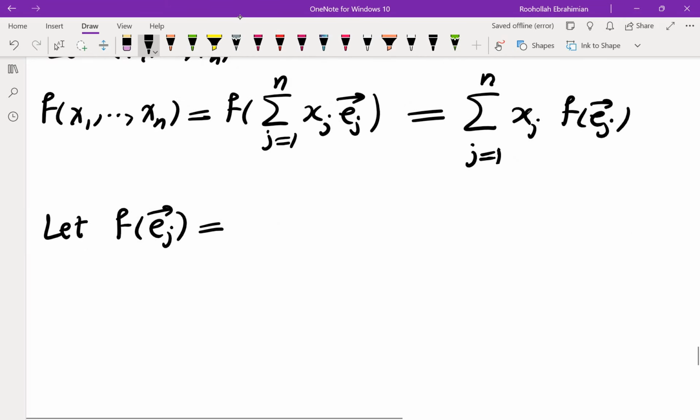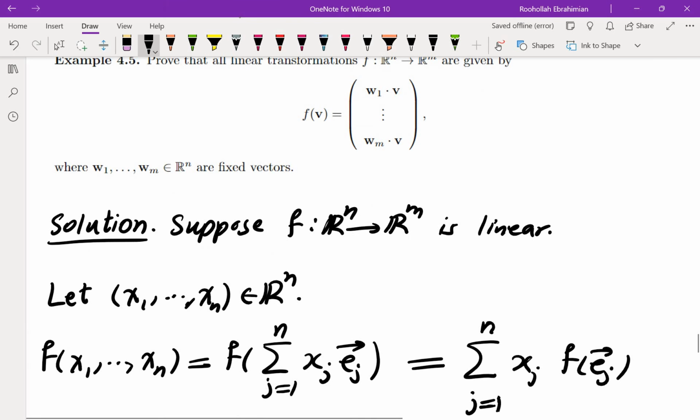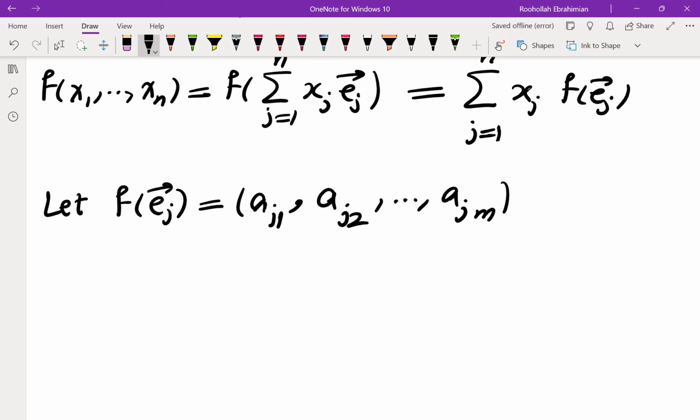I'm going to call f of ej as aj1, that's the first component, aj2, all the way to ajm, since I know that f of ej is in Rm. So these are our vectors, and of course this is in Rm as I just mentioned.